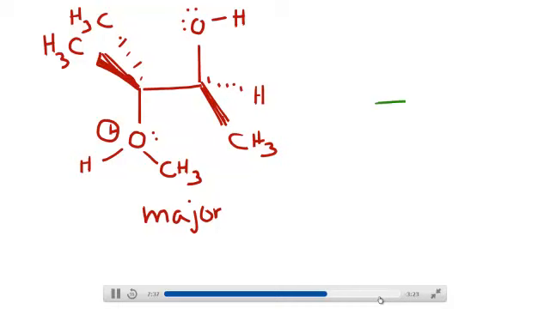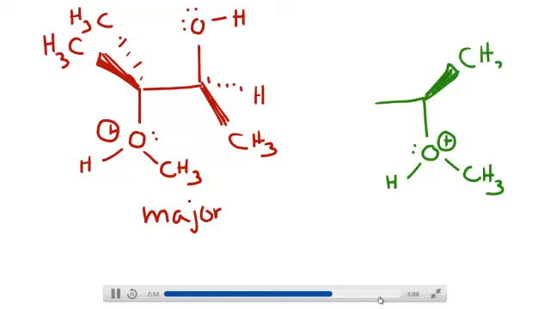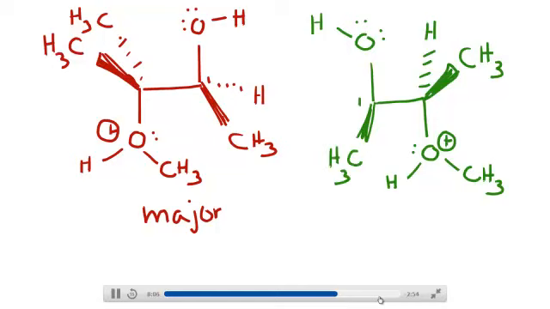Minor product also forms. What is a wedge? Stays a wedge. What is a dash? Stays a dash.